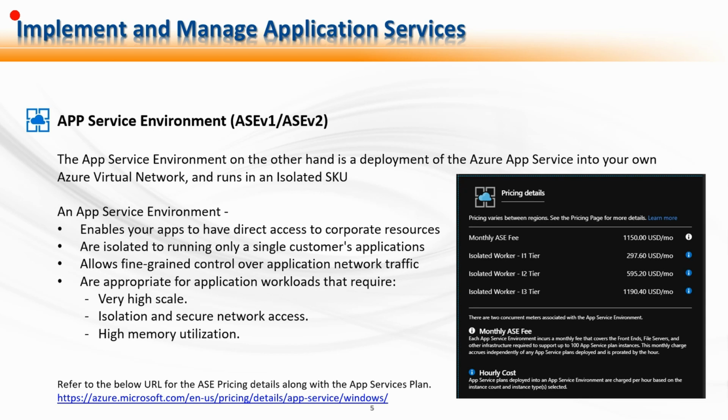The ASEs are isolated to running only a single customer's application and are always deployed into a virtual network in a different subnet. Customers have fine-grained control over the inbound and outbound application network traffic, and applications can establish high-speed, secure connections over VPN to on-premises corporate resources, as I've already mentioned, because that way any application in your app services environment would be able to communicate with the on-premises resources like SQL Server as a backend.